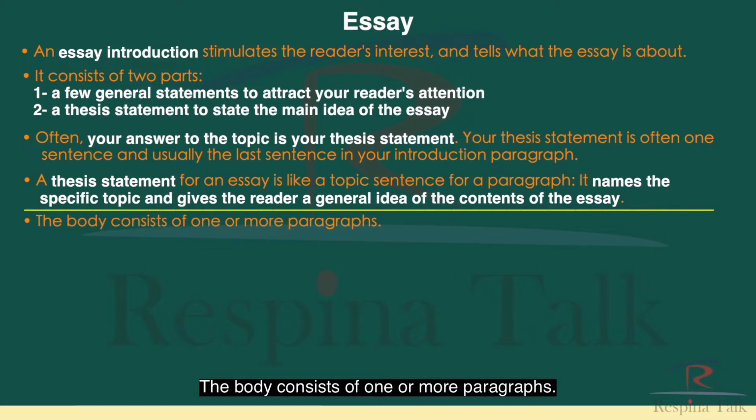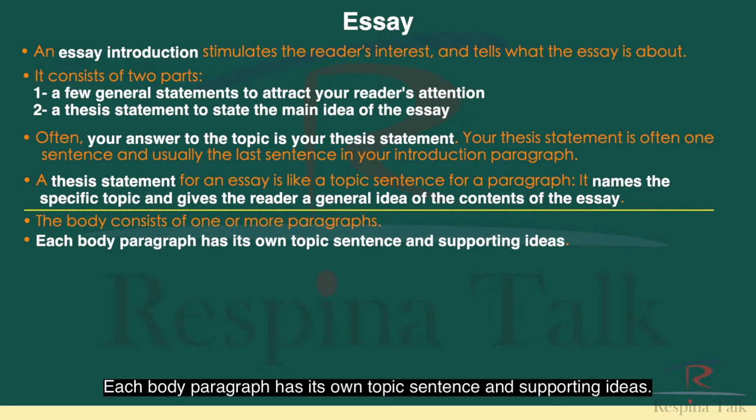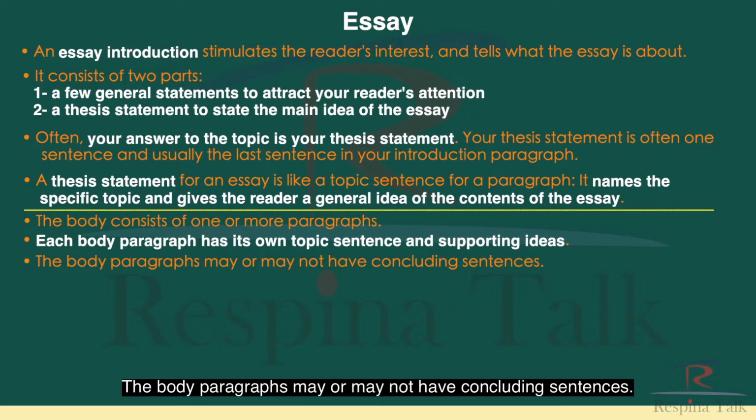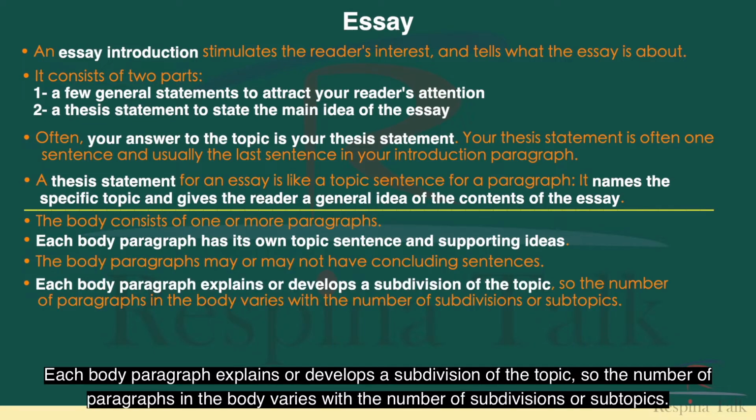The body consists of one or more paragraphs. Each body paragraph has its own topic sentence and supporting ideas. The body paragraphs may or may not have concluding sentences. Each body paragraph explains or develops a subdivision of the topic, so the number of paragraphs in the body varies with the number of subdivisions or subtopics.